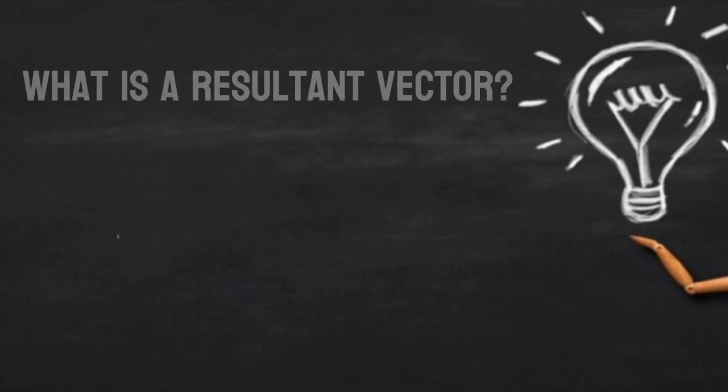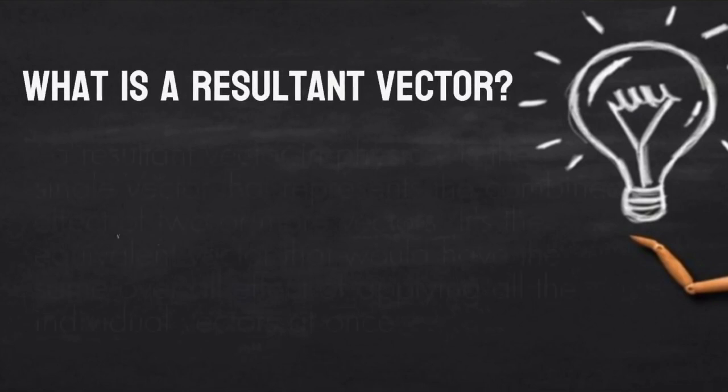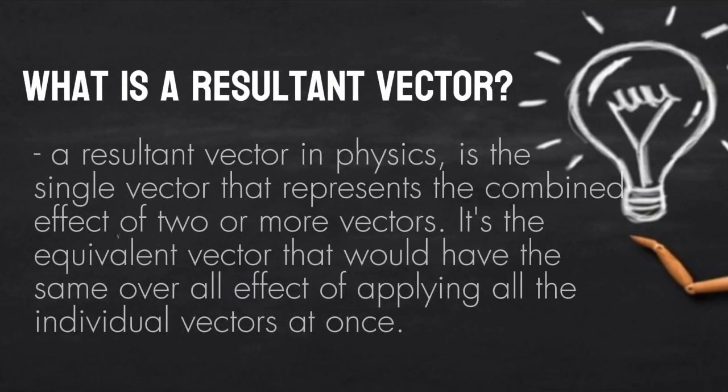But what is a resultant vector? A resultant vector in physics is the single vector that represents the combined effect of two or more vectors. It's the equivalent vector that would have the same overall effect as applying all the individual vectors at once.